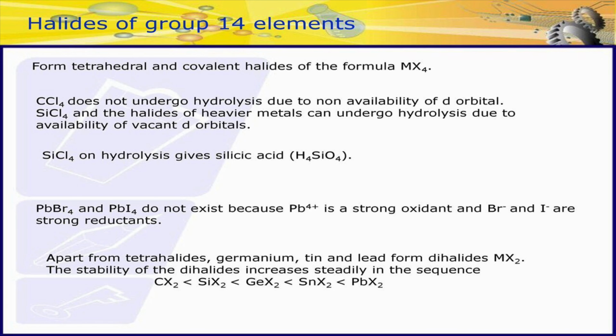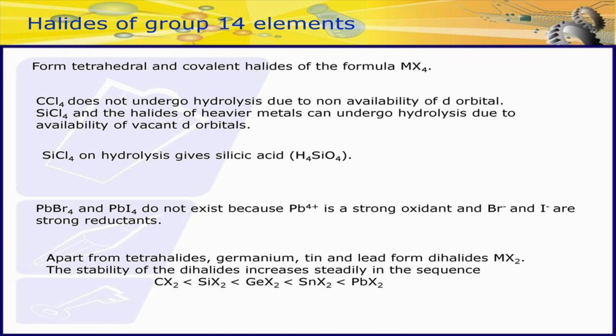The next is the reaction with the halogens and the formation of halides. All the group 14 elements form tetrahedral and covalent halides of the formula MX4. Here CCl4, carbon tetrachloride, does not undergo hydrolysis due to non-availability of d orbital.